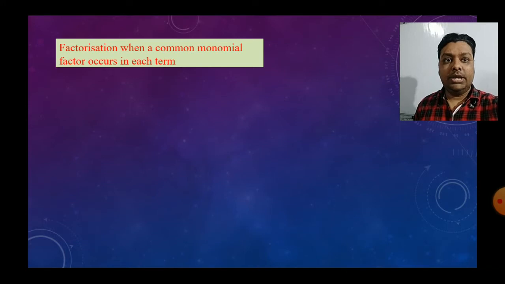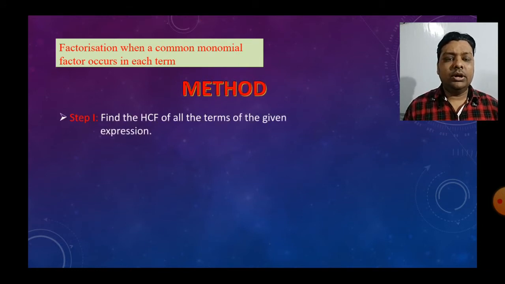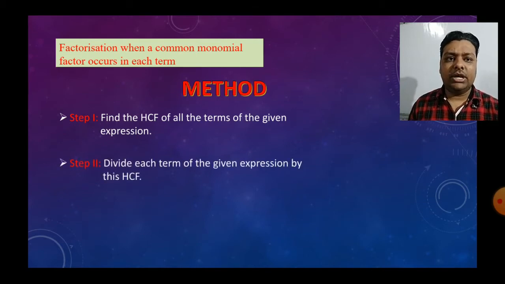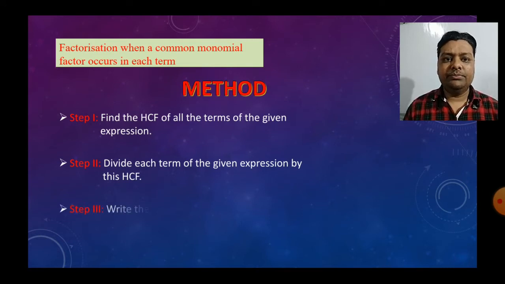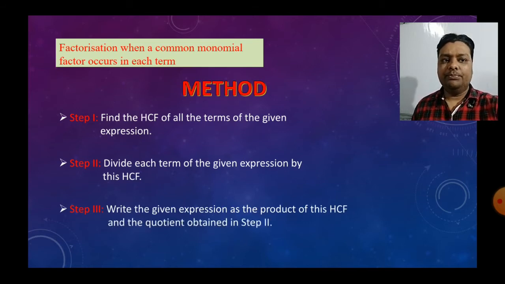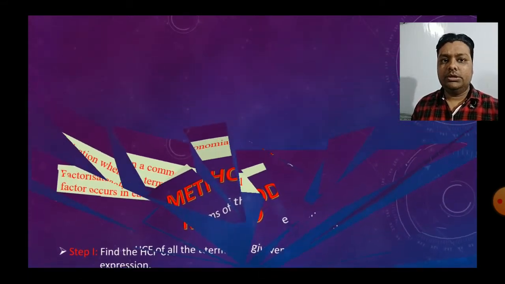The method: Step 1, find the HCF of all the terms of the given expression. Step 2, divide each term of the given expression by that HCF. Step 3, write the given expression as the product of this HCF and the quotient obtained in step 2. These are the 3 steps.